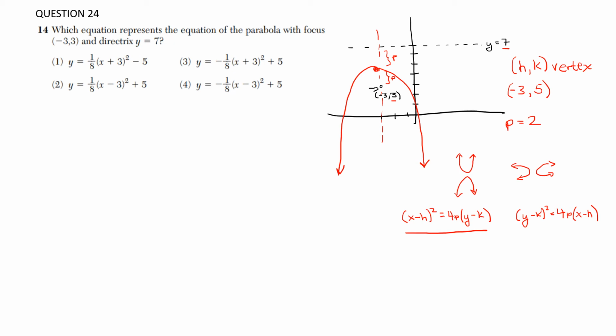So now that we have p equals 2, let's be a little more thorough and find the actual value of p, because it could be negative. In this case, we know that the directrix y, I'll put y subscript d, equals k minus p. That's our formula for the directrix. And in the same manner, the y value of the focus, y subscript f, should be k plus p.